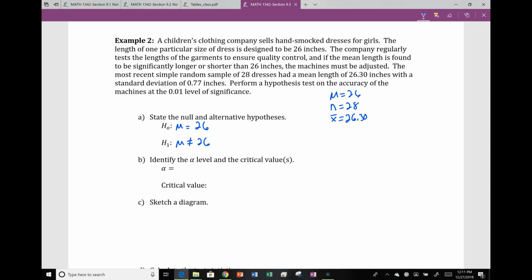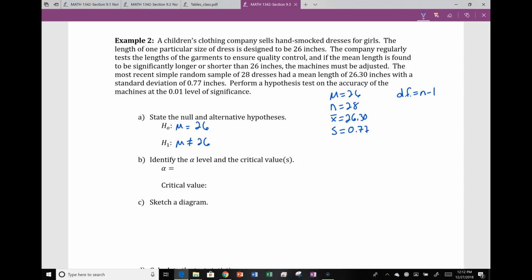This is just a sample standard deviation. So this is an S. Anytime I have an S, a sample standard deviation, I'm going to use my T chart. Okay? So in order to use the T chart, I also will need to know degrees of freedom, which we'll get to in just a moment.